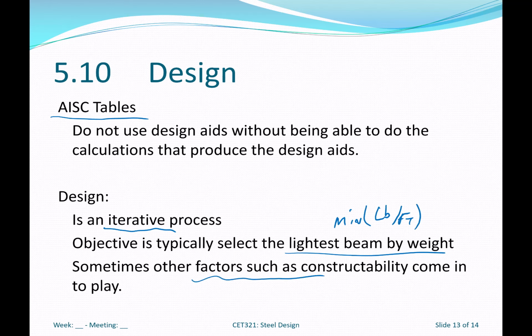Every time you put a different beam size on a drawing, it means another piece of steel that needs to be pulled from the pile for fabrication, another unique piece of steel on the site that the erector needs to sort through and erect.